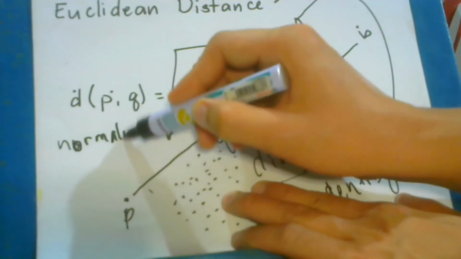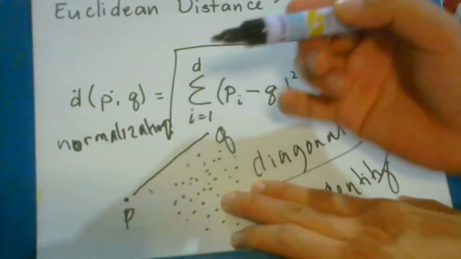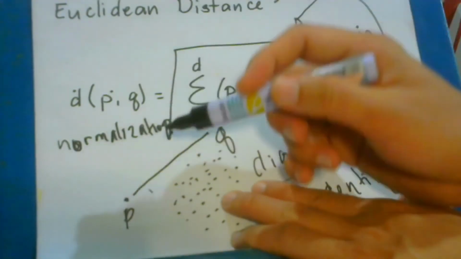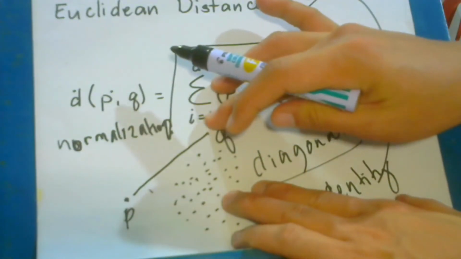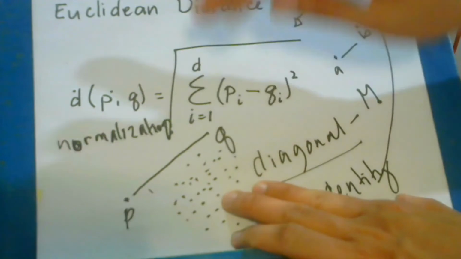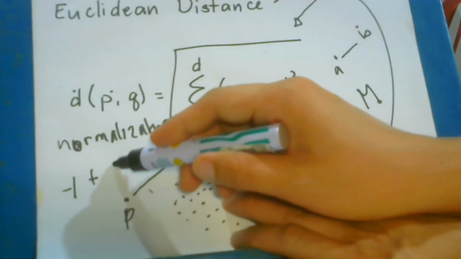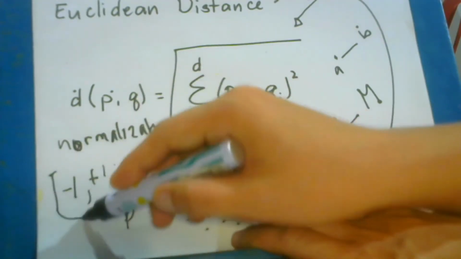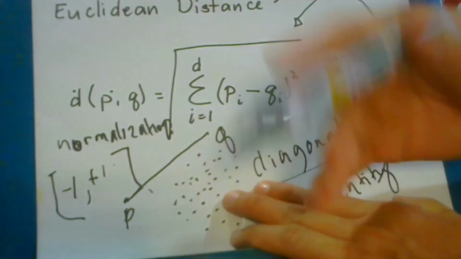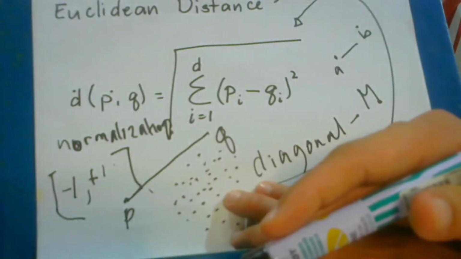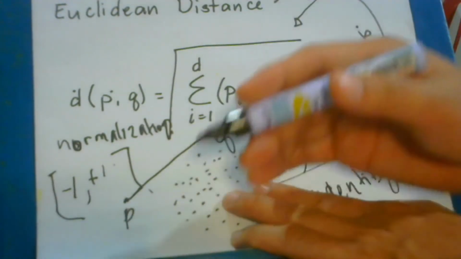Normalization is very important so that each dimension has a value between -1 and +1. These are the values that each point should be. That's how we do it for the Euclidean distance, and this is very important so that we would be able to identify whether or not a certain point is anomalous or not.